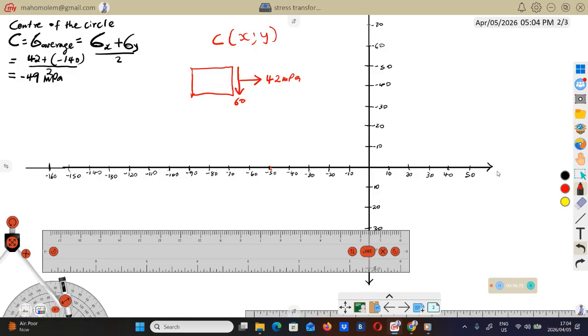So as we said, this horizontal line is going to represent the normal stresses. This vertical line is going to represent the shear stress. So horizontal, its normal stress is 42, and then y, our shear stress, it's 60, but since it's clockwise, then we're going to have negative 60.